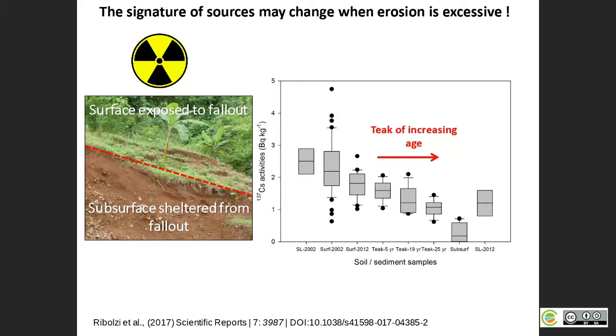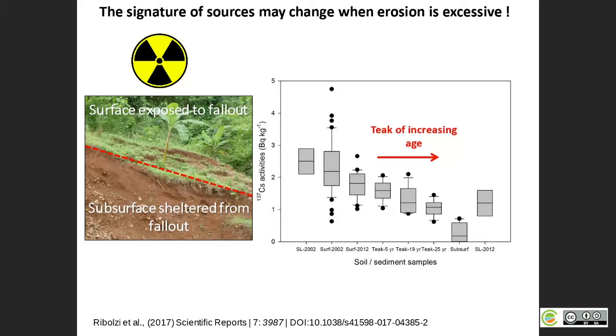And interestingly, here you have the cesium concentrations in becquerels per kilogram, and we have different types of samples here. This is typically what you would observe in the surface layer of the soil, like 2 becquerels per kilogram. This is what we would observe in landslide material, which means no cesium.